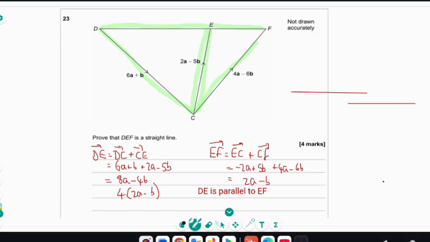But next we need to show, how do we know that they actually form a straight line and not one's up here and one's down here? Well, as you can see, they share a point. DE and EF share the point E, therefore lie on a straight line. So therefore DEF is a straight line.